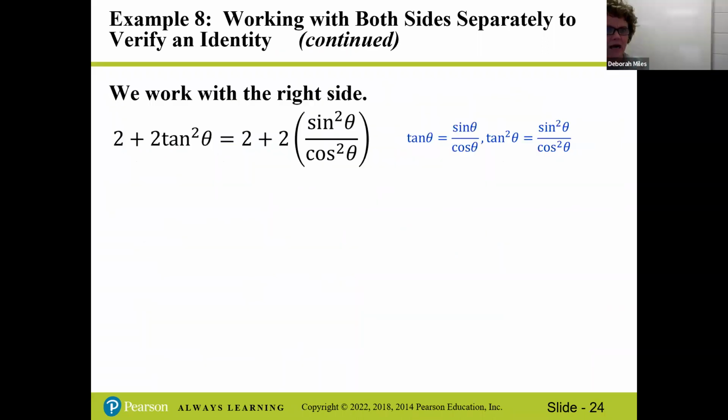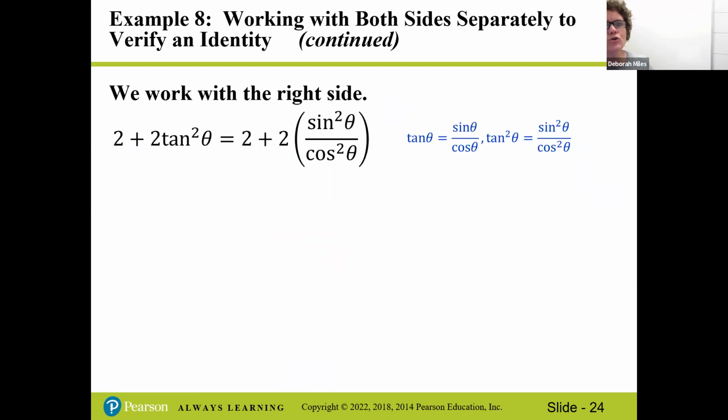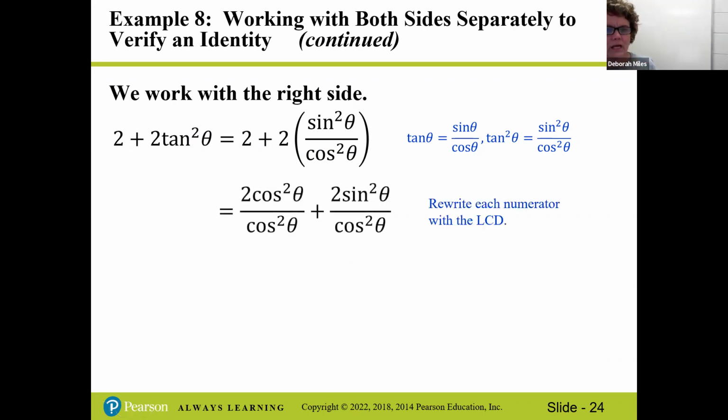Okay, let's see. Yeah, it looks like whoever wrote this example for the book stopped right there and said, I can't go any further. Fine, I'll work with the right-hand side. So the right-hand side is 2 plus 2 tangent squared theta. You can write that in terms of sine squared and cosine squared. And then what?